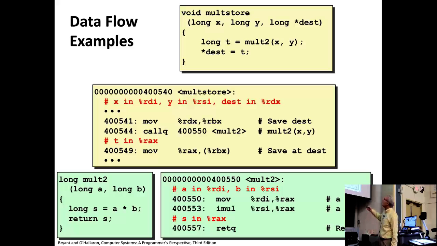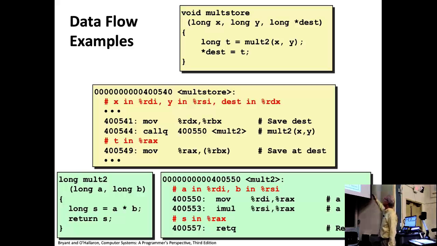And then similarly, when you have a return value from a function, let's see, mult_store does not have a return value, but mult2 does. And the way it does is it deposits the value into RAX.